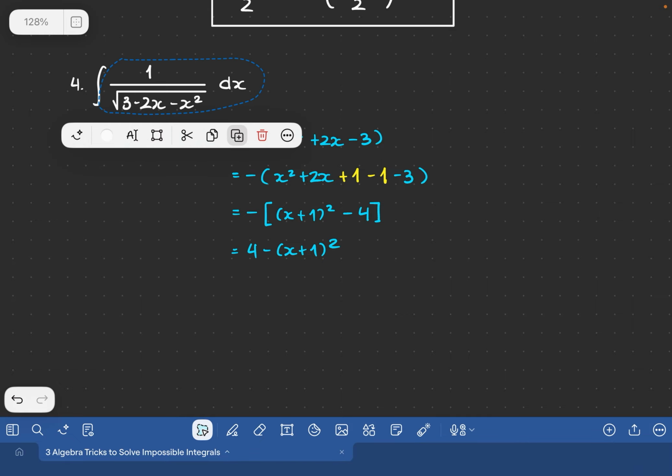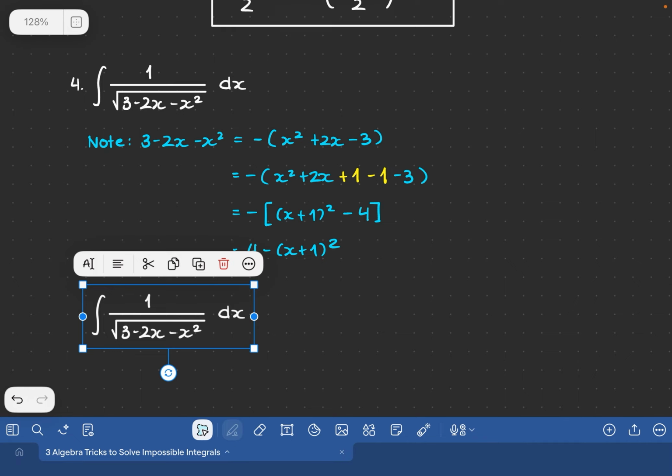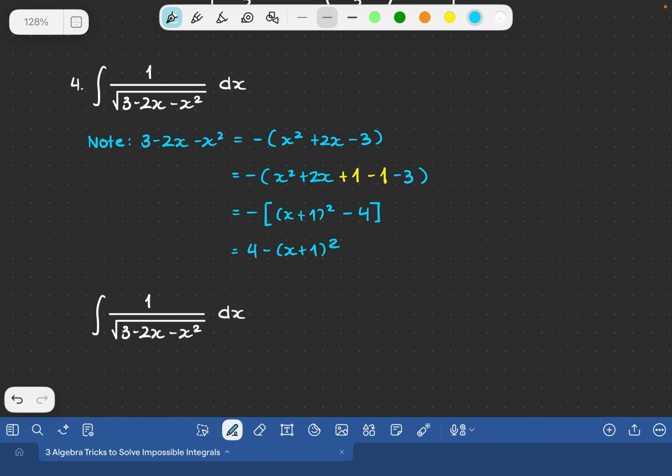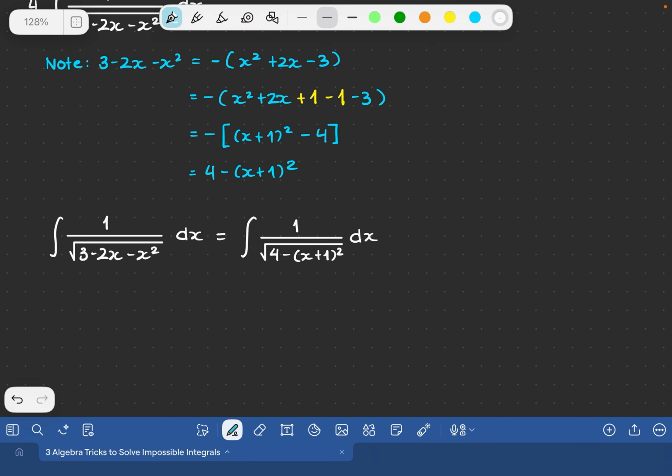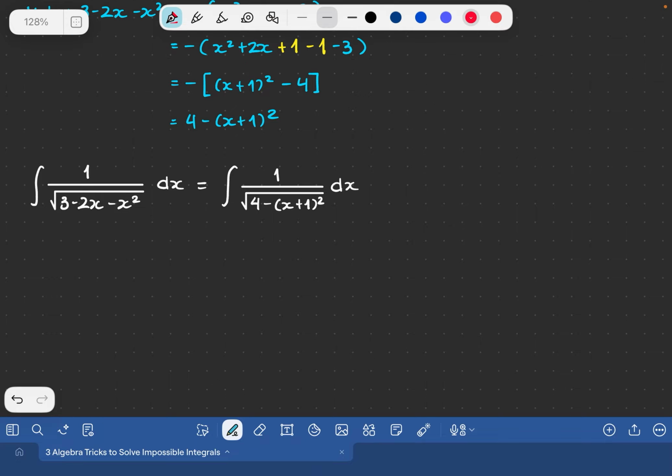So this thing here, like earlier, we can rewrite it as follows. We'll have the integral of 1 over the square root of 4 minus x plus 1 squared dx. And then like earlier, we can now apply u-substitution easily.